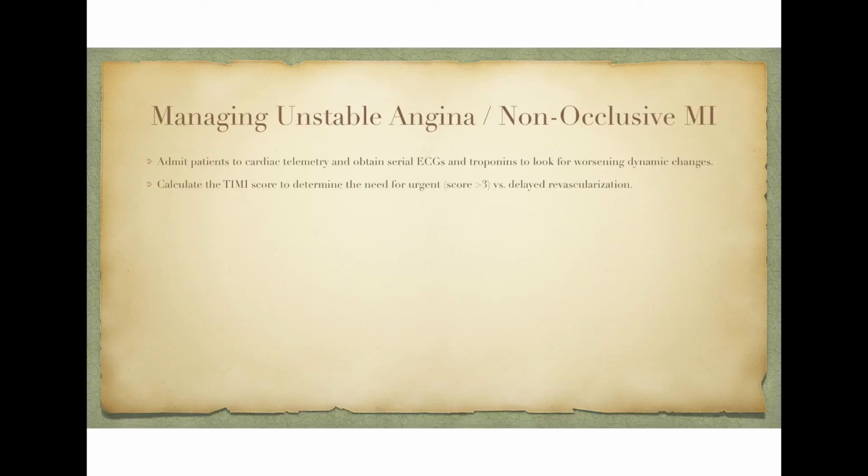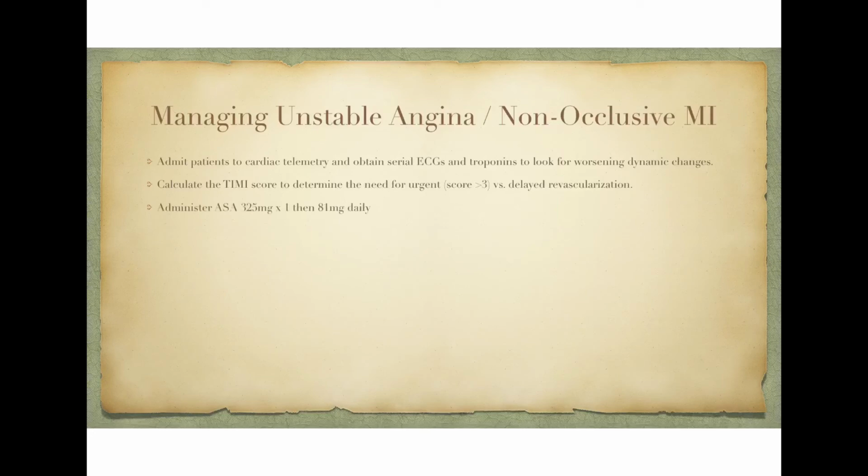You'll calculate the TIMI score, thrombolysis in myocardial infarction, and you can use this to help guide the timing of potential intervention. If they have a TIMI score greater than 3, they may need more urgent intervention within 48 hours. Or if they don't have a particularly high TIMI score, you might just manage them medically and see how they do with that.